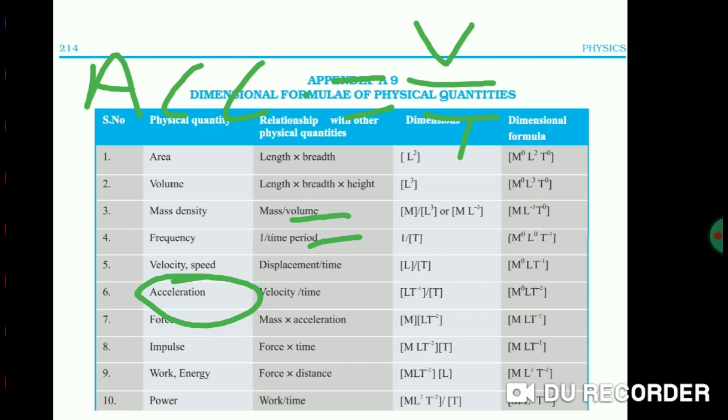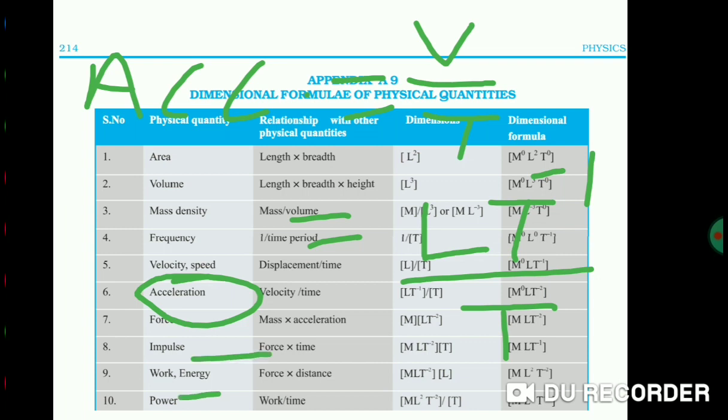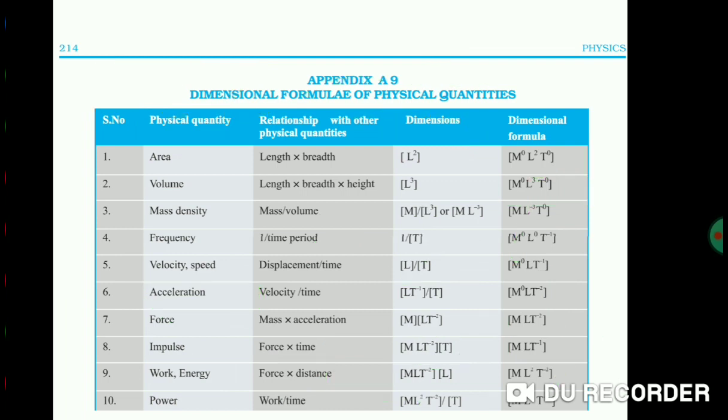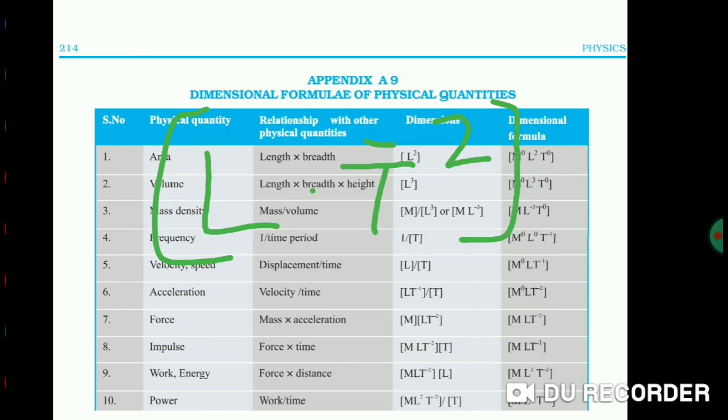In the previous formula we discussed the dimensional formula of velocity, so put it directly here, which is L T minus 1 by T. This T also goes in the numerator, so it becomes T minus 1. So L T minus 1 into T minus 1. Our formula becomes L T minus 2. Do you understand?